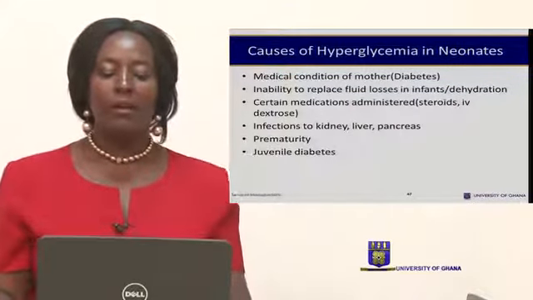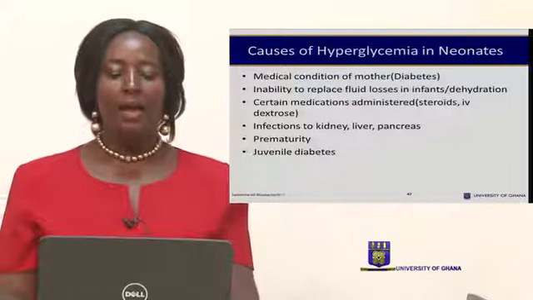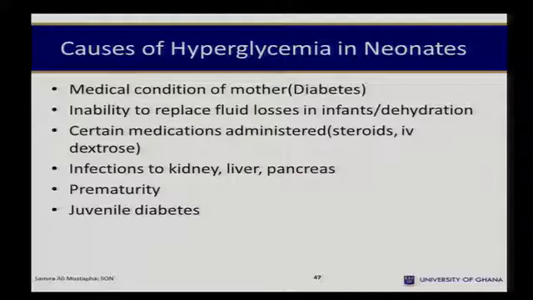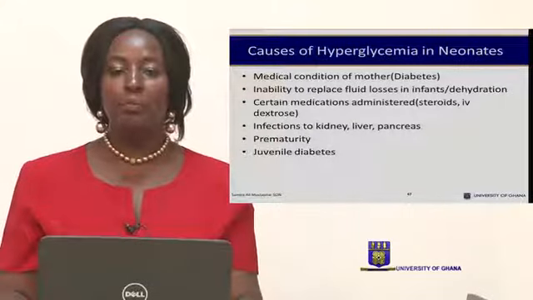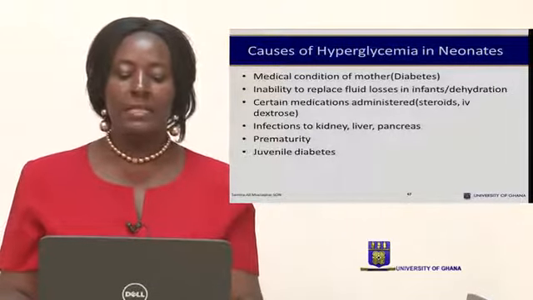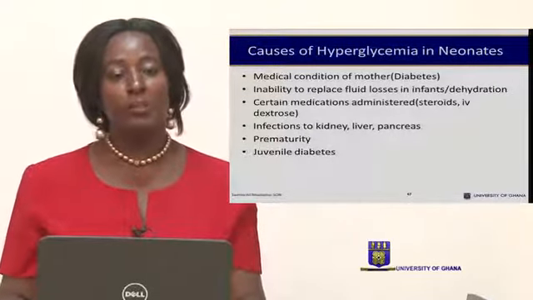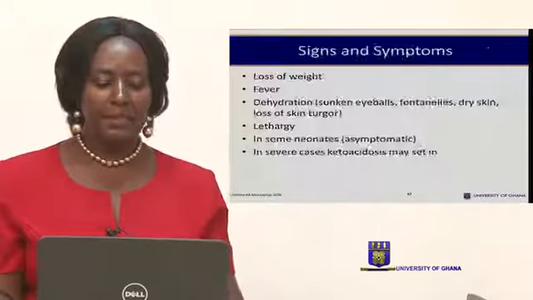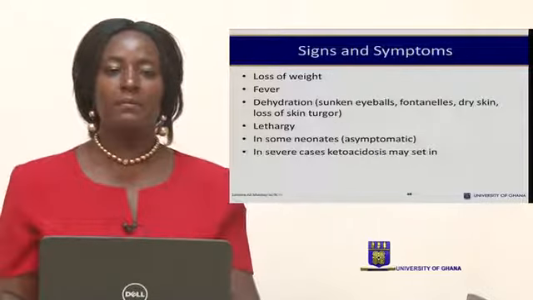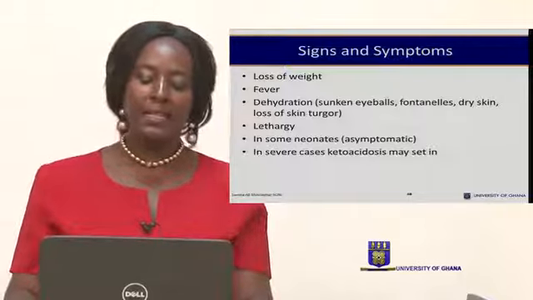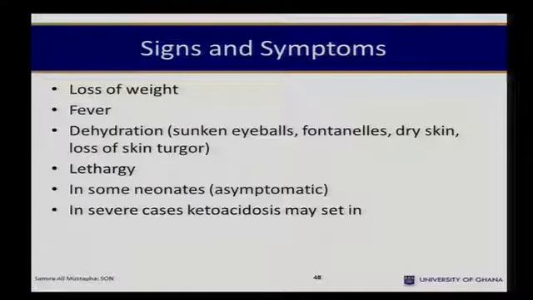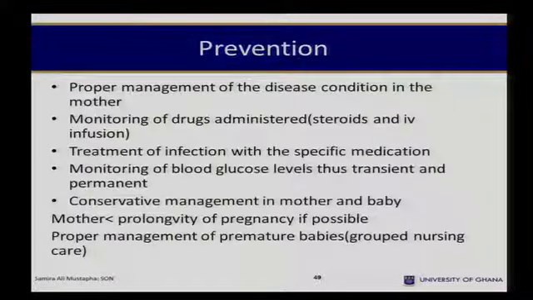And the medical causes are usually maternal diabetes and inability to replace fluid loss in infants, or dehydration will predispose them to this. And some medications, prematurity, and juvenile diabetes. So signs and symptoms are weight loss, fever, lethargy, and in severe cases, you may have ketoacidosis.